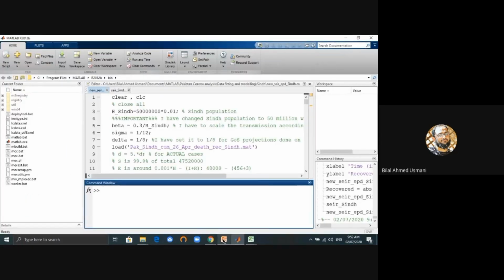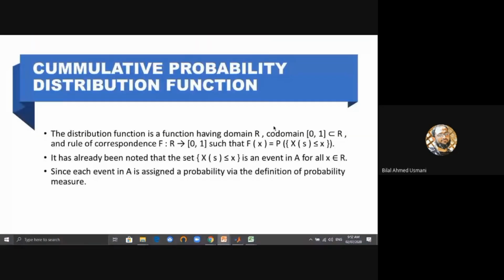Now we'll go to the hardcore definition. The distribution function is a function having domain R. A distribution function will always have its domain in real numbers. For a coin tossing experiment, the random variable will always take integer values.